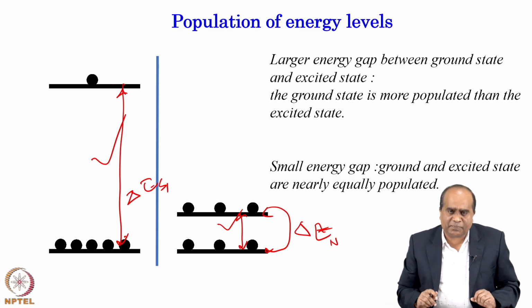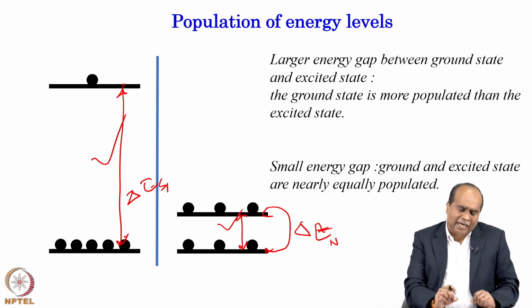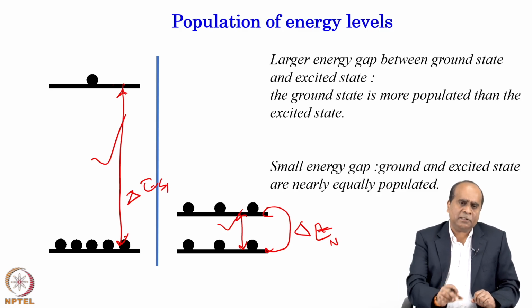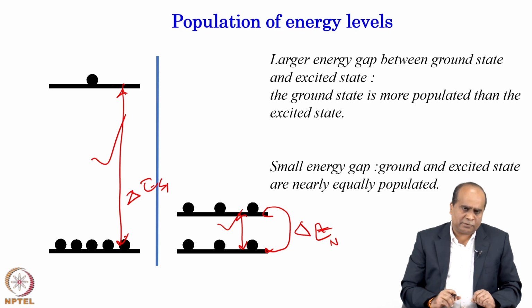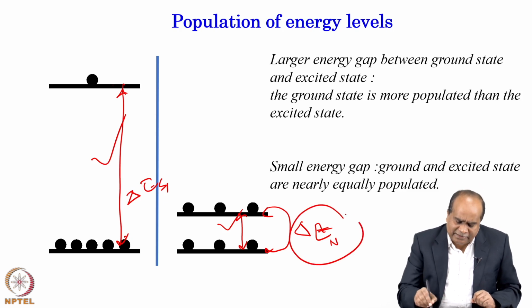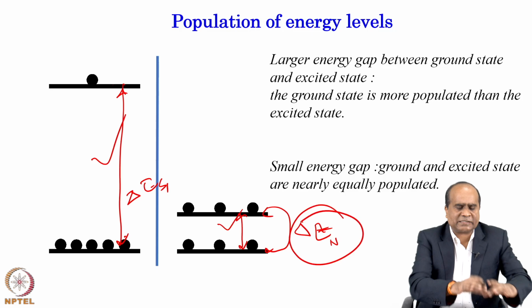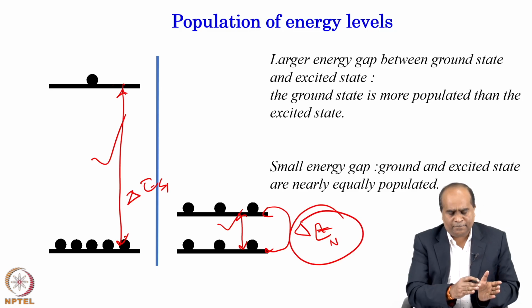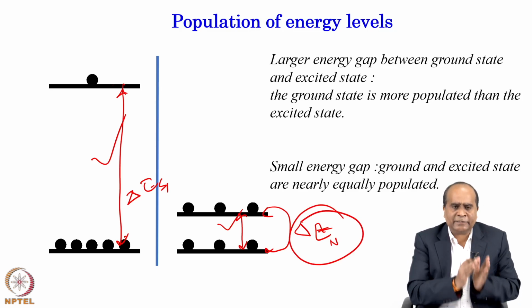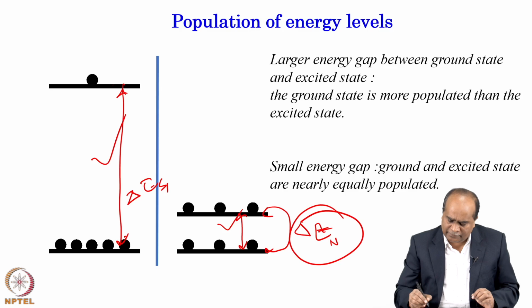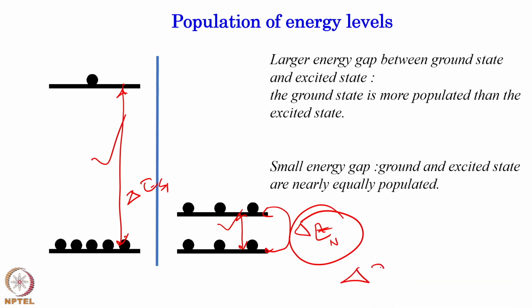Basically, when we are doing spectroscopy, what are we doing? We are exciting the particles from the ground state to the excited state, whether it is the case of nuclear spin or electronic spin. To excite a nuclear spin or an electronic spin, you require a different kind of electromagnetic wave, because what we are looking at is delta E equal to h nu, right. h is the Planck constant, and nu is the frequency.